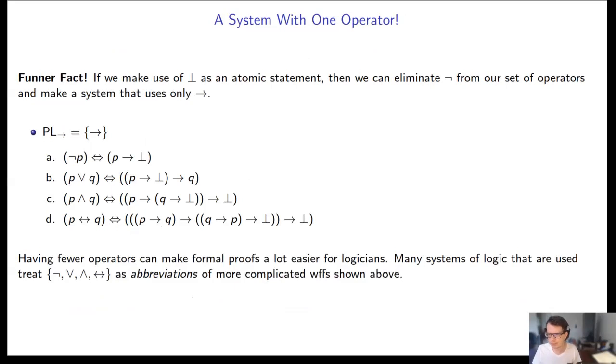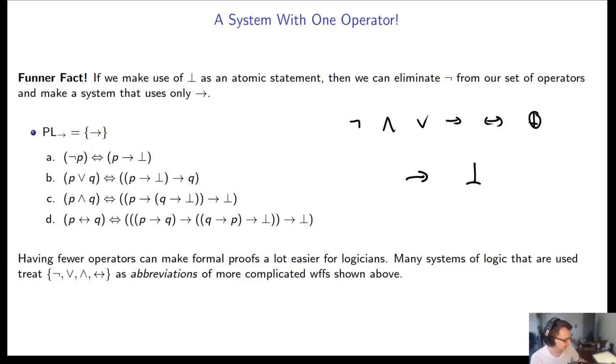We can also take all of the operators we have. So we have this system with and, or, if then, if and only if, not, and we even have exclusive or, but we don't actually need all of those. All that we really need in the system is the arrow and the contradiction symbol.